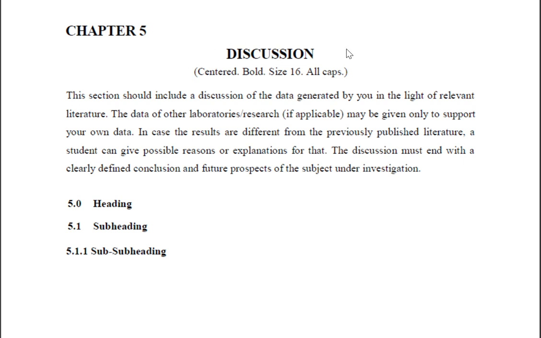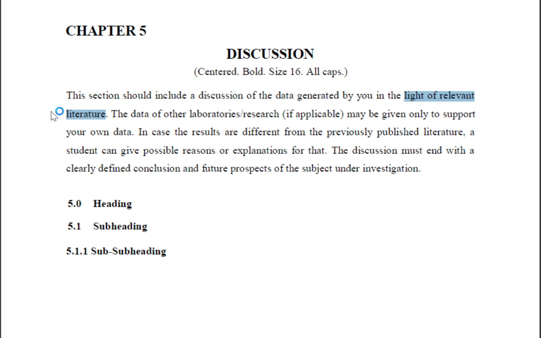So discussion contains a lot of references and your words, how something is already mentioned in the world and what is your result, how they are going to correlate. So let's see what they have written. This section should include discussion of the data generated by you in the light of the relevant literature.